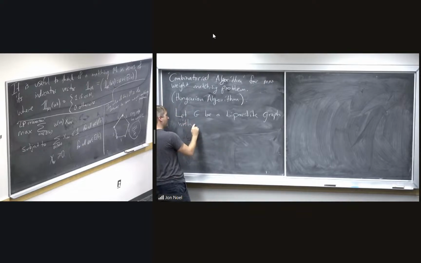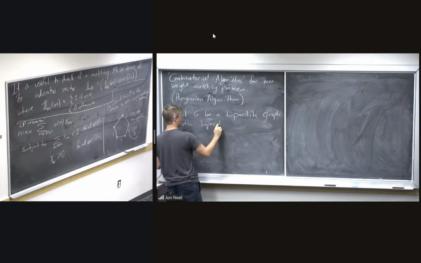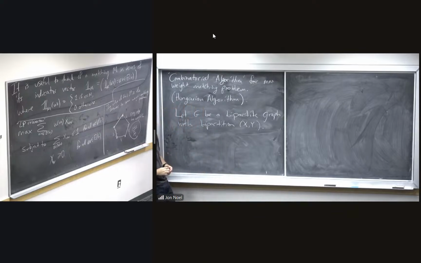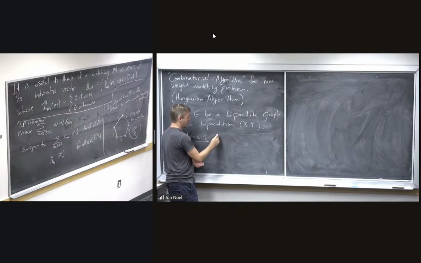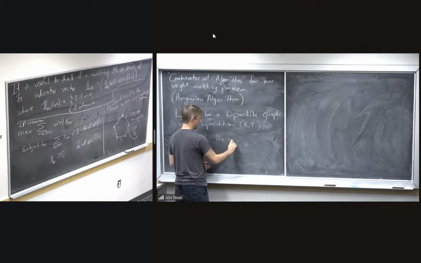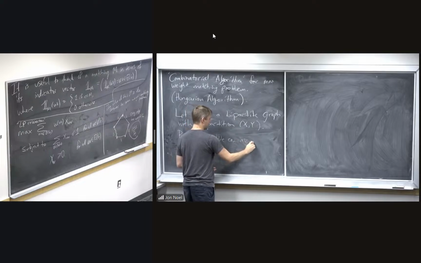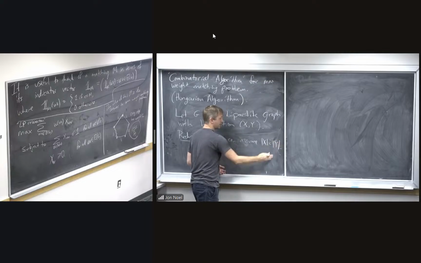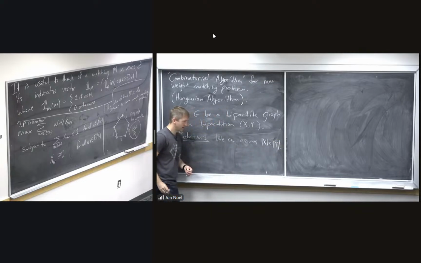Let's say with bipartition X, Y. So I claim that as a first step, we can assume that the size of X is equal to the size of Y.